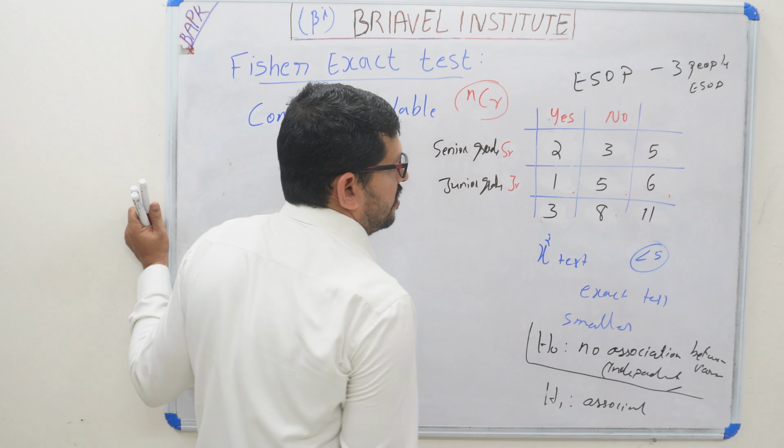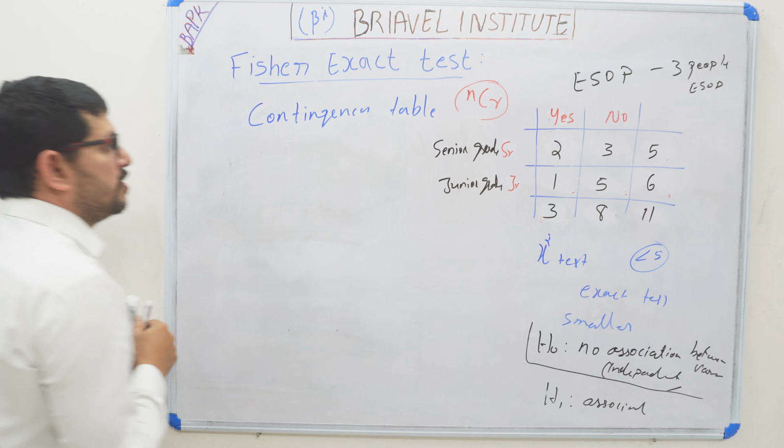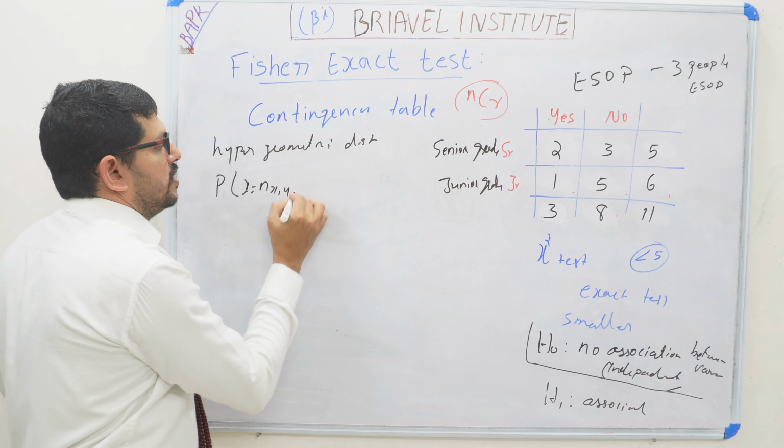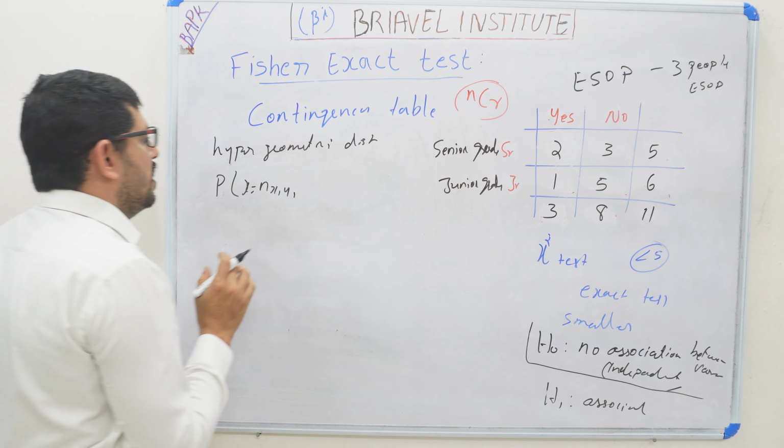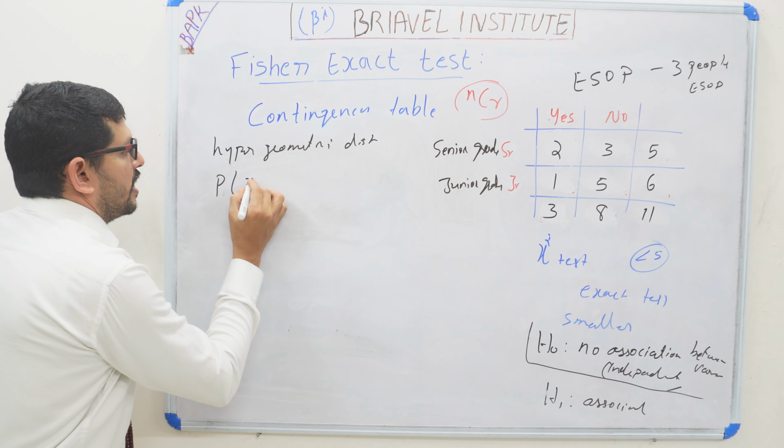The remaining people did not get it. Now we can use the hypergeometric distribution to find the probability of S equal to 2, in cell NS1Y1. Here S is equal to 2.